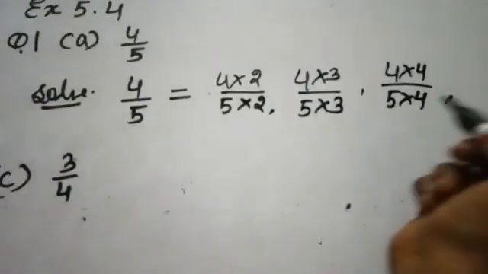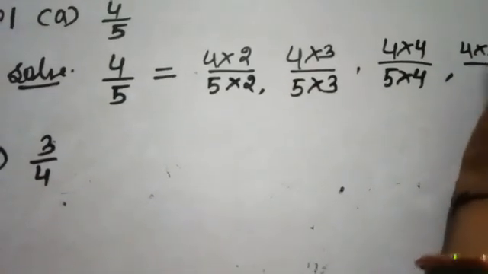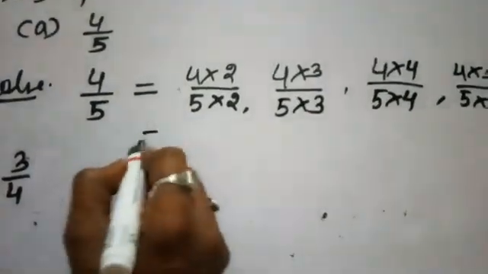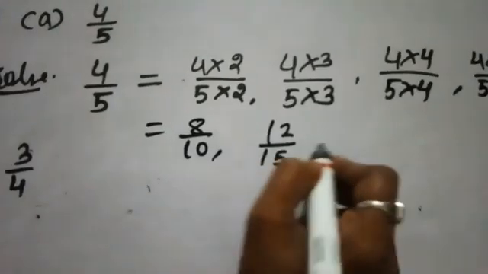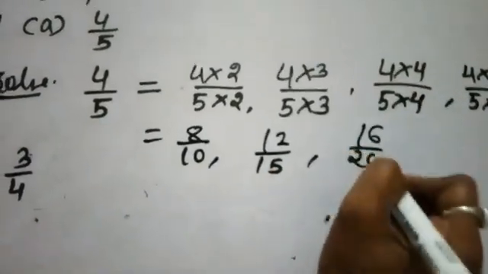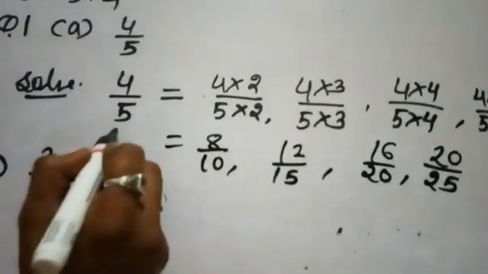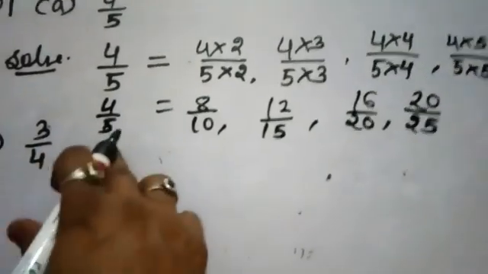We have to find 4 equivalent fractions. So our answer is 8 upon 10, 12 upon 15, then 16 upon 20 and 20 upon 25. These are the equivalent fractions of 4 upon 5.